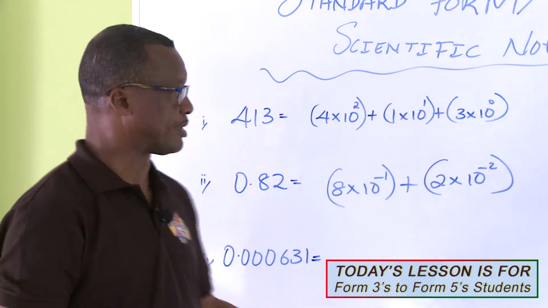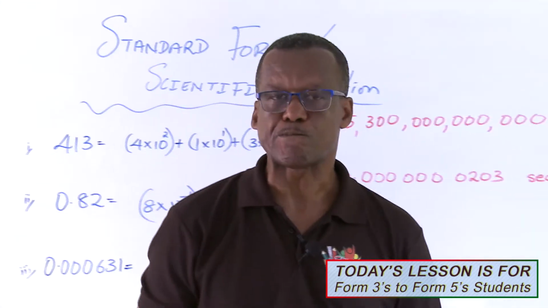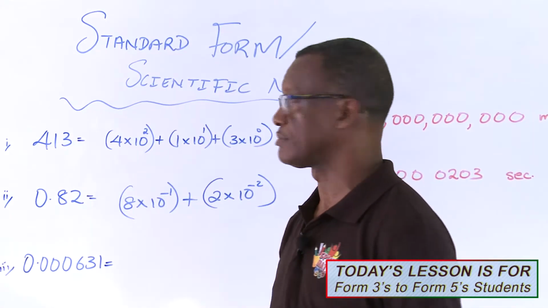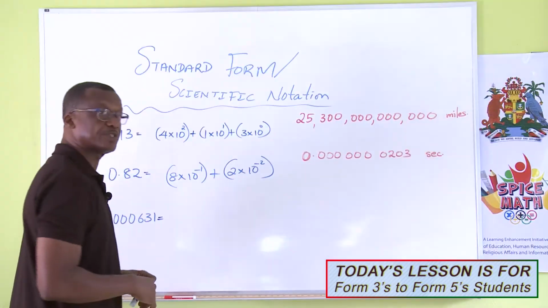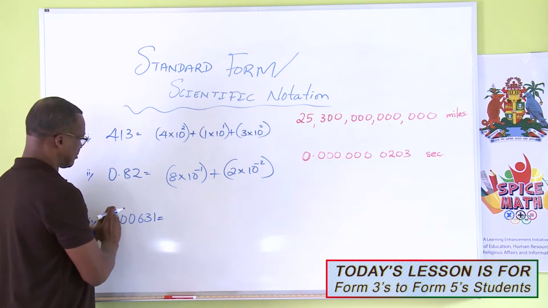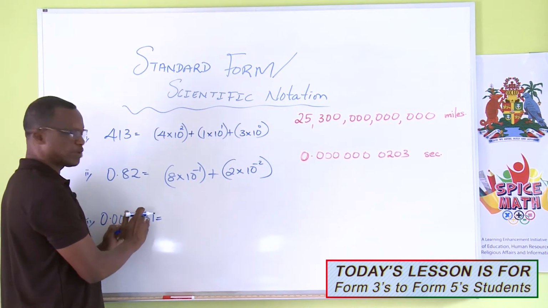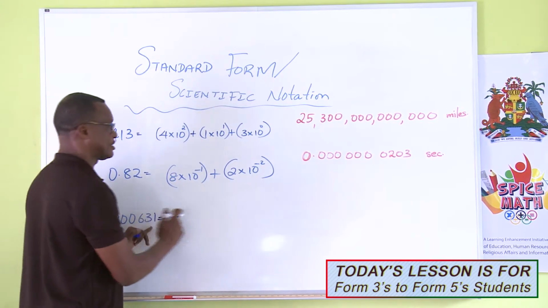The next number. That's a very small number. How do we expand it? How do you think we should expand it? Well, we use the same process with the powers of 10. That would be 10 to the minus 1, 10 to the minus 2, 10 to the minus 3, 10 to the minus 4, 10 to the minus 5, 10 to the power of minus 6.